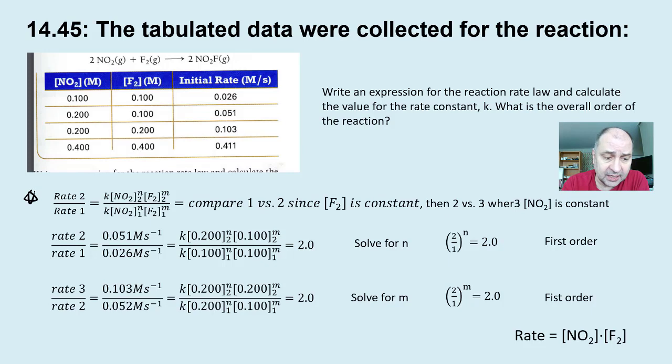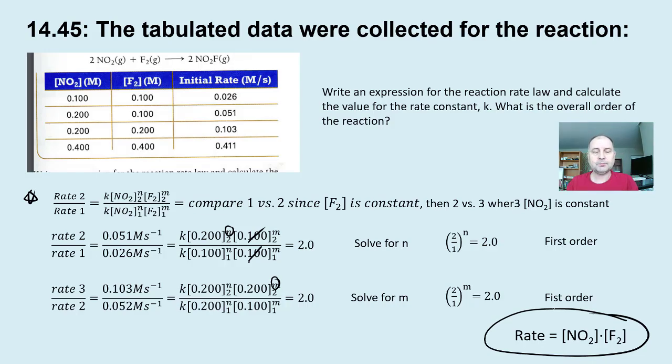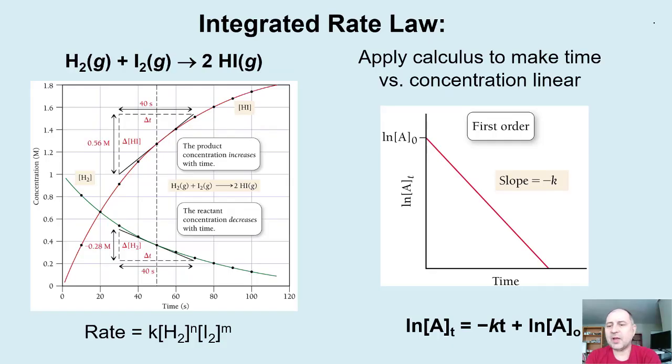But if we're plugging in 0.1 and 0.1, see that just drops out of the equation, and when you solve for n, for example, or for m here, the math becomes pretty easy, right? I'm not going to show you how that works, but here is our rate law. Next, we're going to look at integrated rate law.